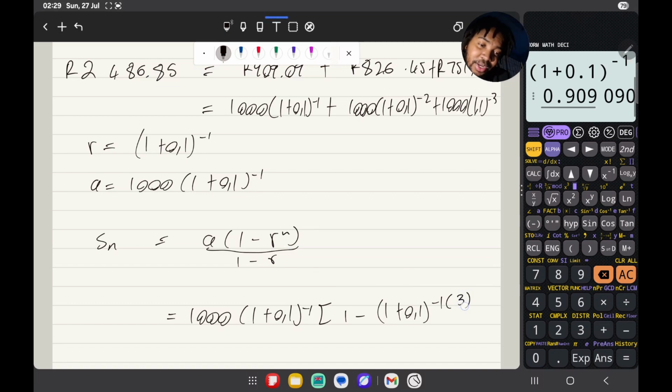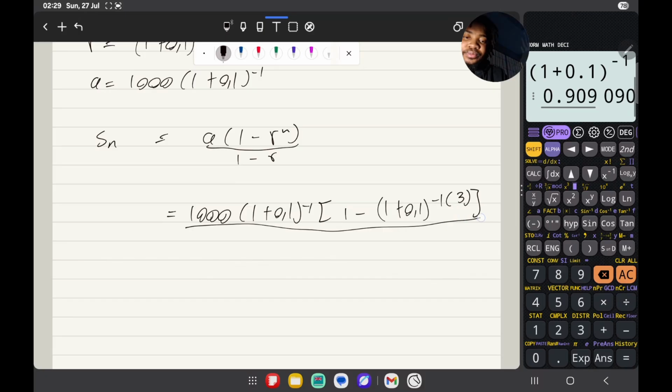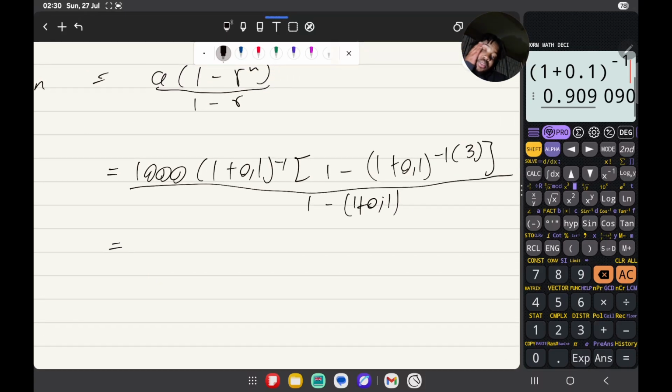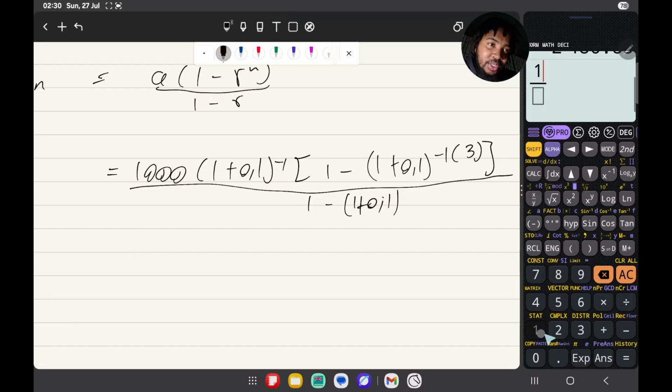So let me say 3, close my bracket, and then I still have 1 minus (1 plus 0.1) to the negative 1. So on top I have 1,000 into (1 plus 0.1) to the negative 1. I thought I was going to make it long, but let me just press the calculator.